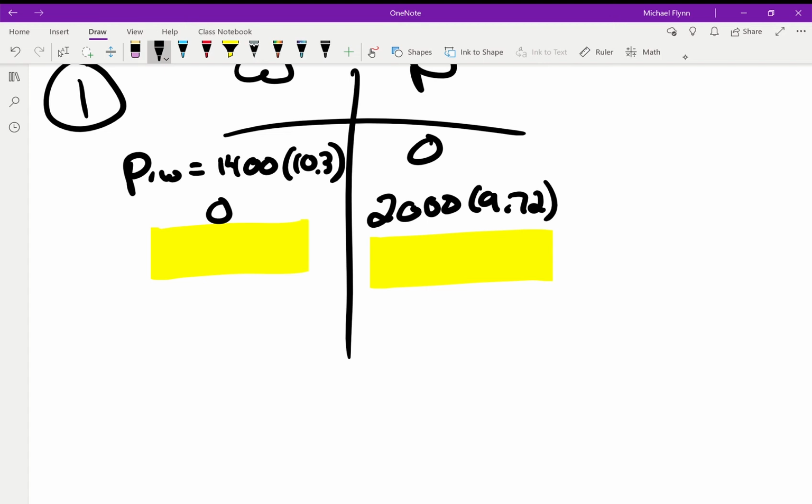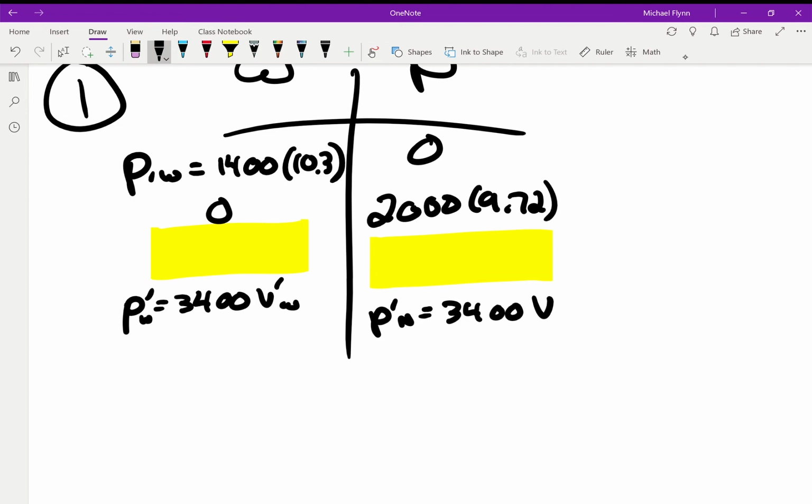So 1,400 plus 2,000 is 3,400. I'm going to write P prime, not P1 or P2, equal to 3,400 times V prime west, and P prime north equal to 3,400 times V prime north.